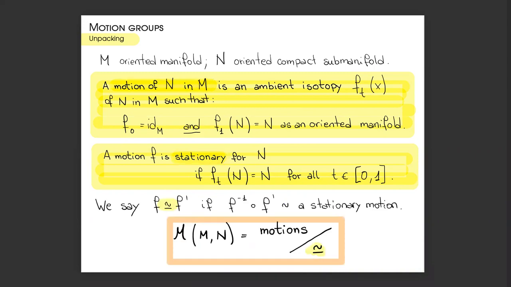So we say that two ambient isotopies are equivalent if the composition of the inverse of the first with the other one is a stationary motion. And we can define alternatively the motion group of M and N as the motions of N in M quotiented by this equivalence relation, which is an equivalence relation.